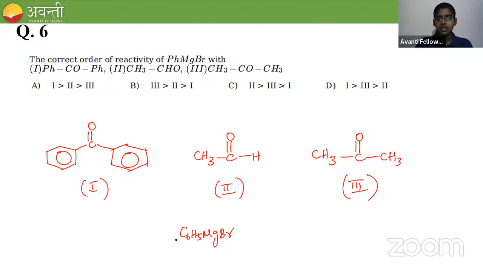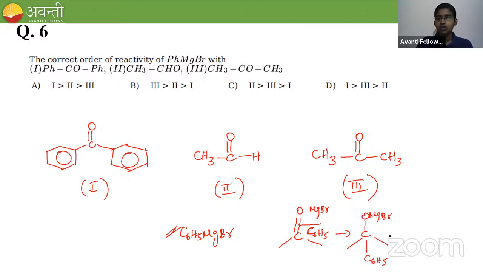This is basically the nucleophilic addition reaction where we break the C double bond O bond, and we add MgBr and the C6H5 group to the carbonyl carbon, and we get C-O-MgBr and here we get C6H5.